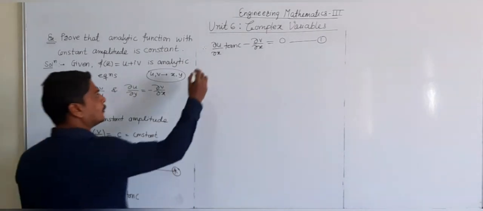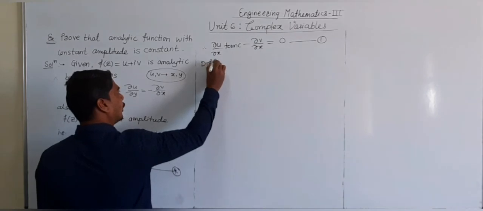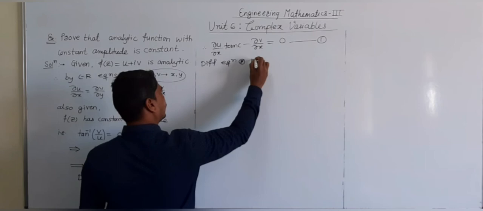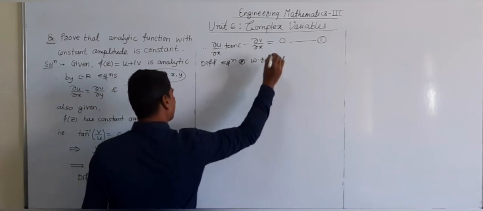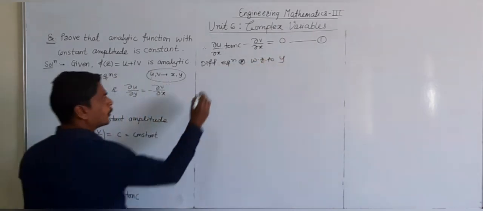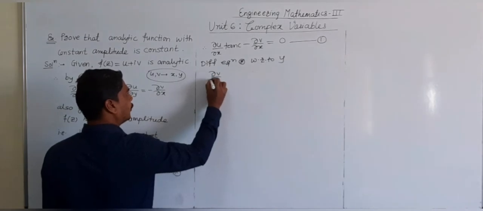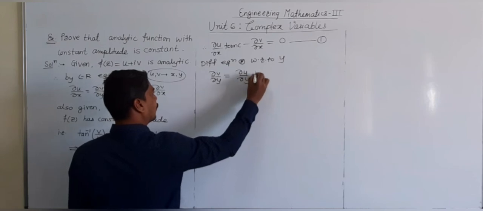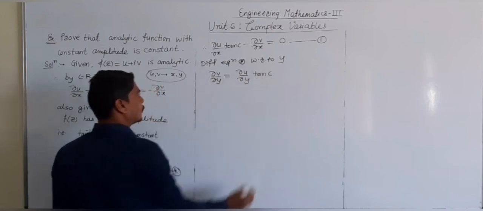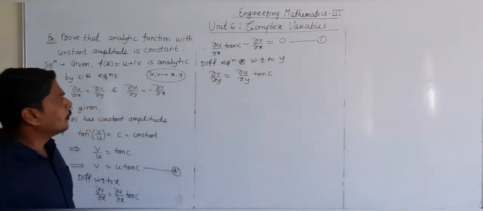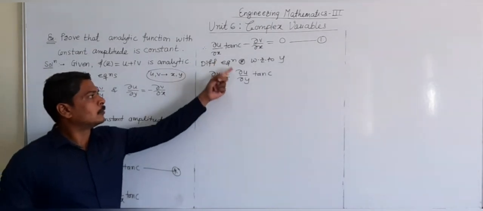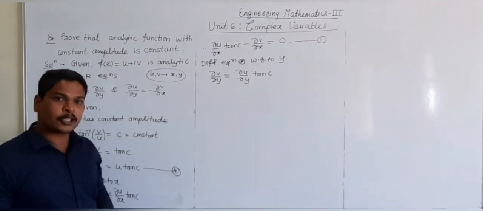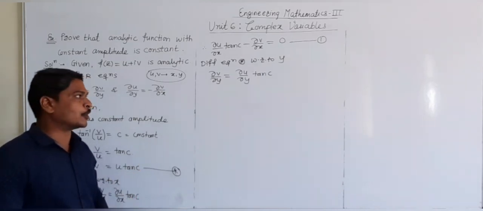Now differentiate equation star with respect to y. So differentiating this with respect to y, we get partial derivative of v with respect to y is equal to partial derivative of u with respect to y into tan c, constant as it is. Now convert both equations either in partial derivatives with respect to x or with respect to y.